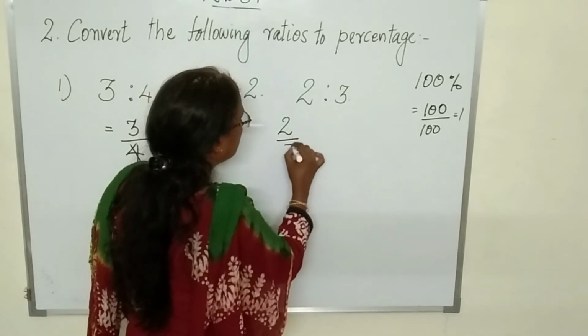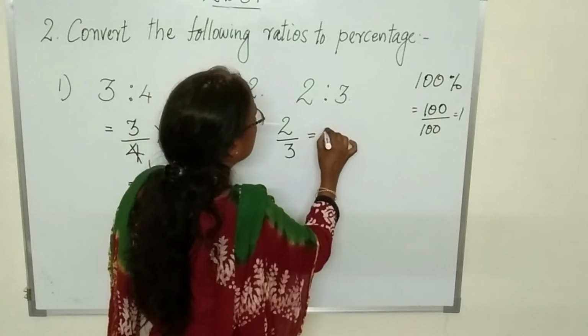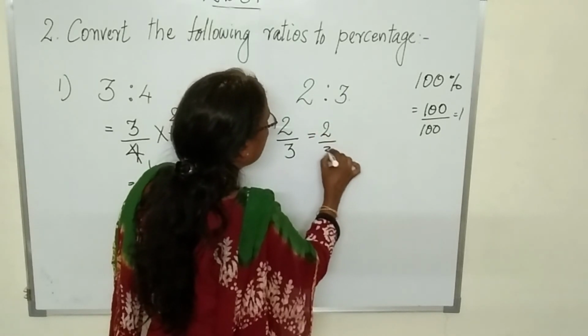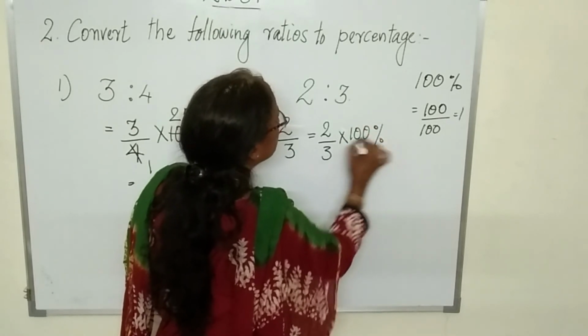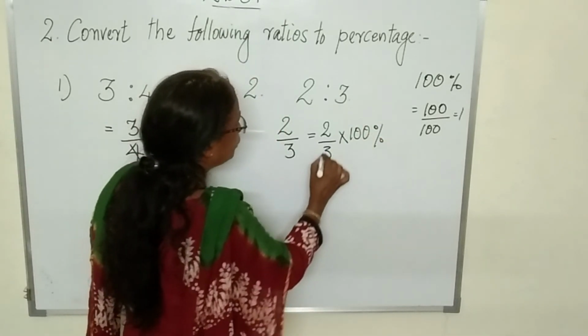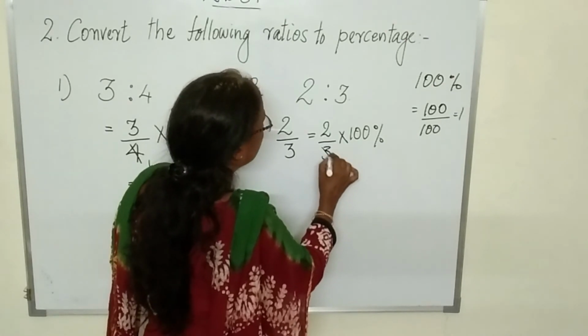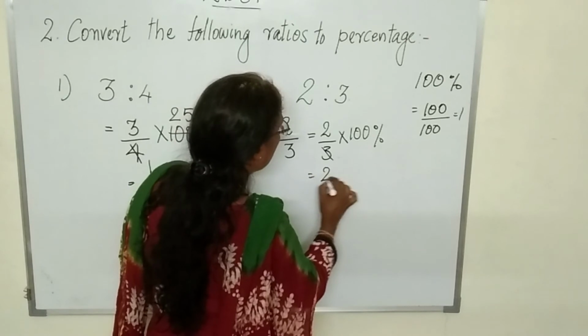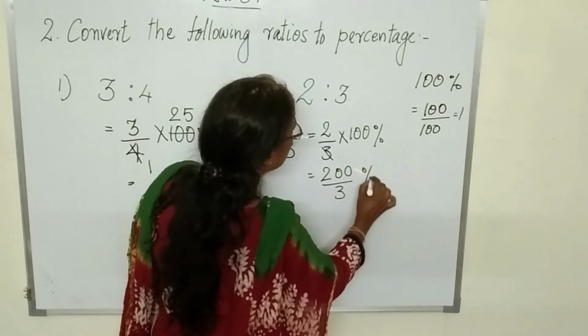Similarly here 2:3. How will you convert it into fraction? 2 upon 3. Now how to convert 2 upon 3 into percentage? 2 upon 3 multiplied by 100%, which is equal to, can you do cancellation? It is not possible. So 200 upon 3%.